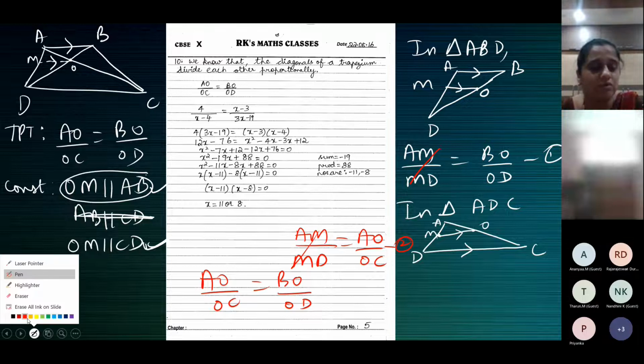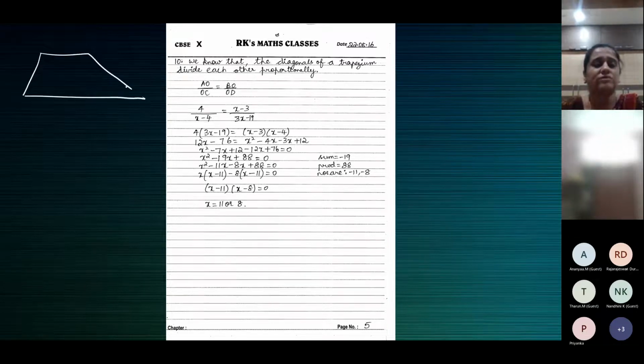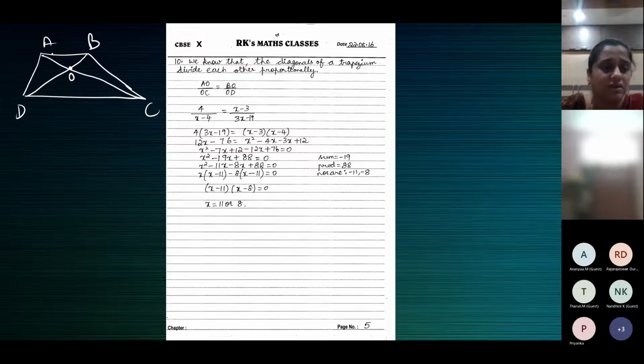Now, the same thing if you have to do it using the concept of similar triangles. That is easier, meaning you can do it faster. Prove that the diagonals of a trapezium divide each other proportionally using similar triangles. Like what Hitesh told us earlier, take up the triangle. You know that angle 1 is equal to angle 2.